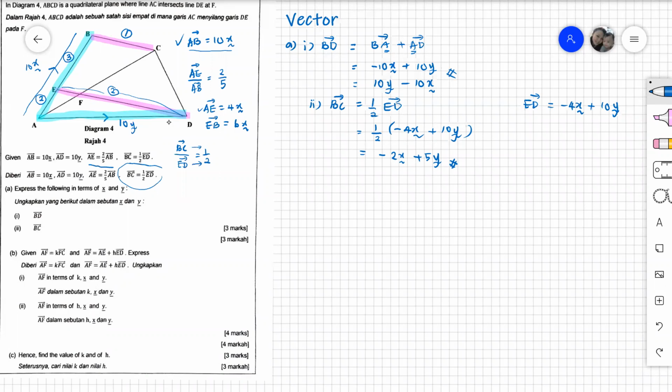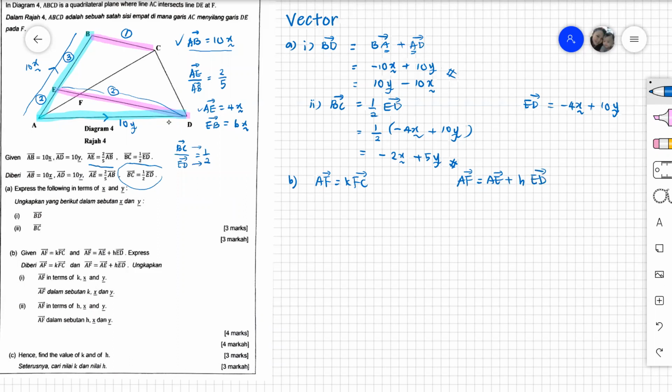All right, now the next part. We are given AF equals k FC, and also AF equivalent to AE plus h ED.